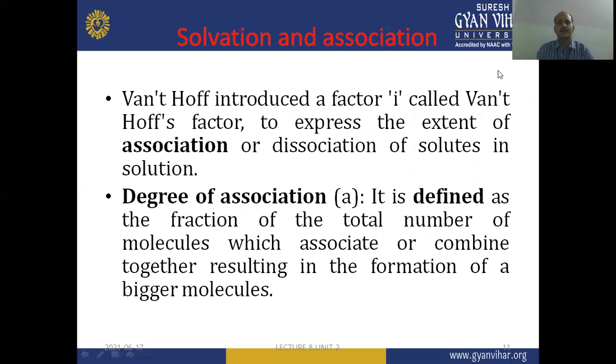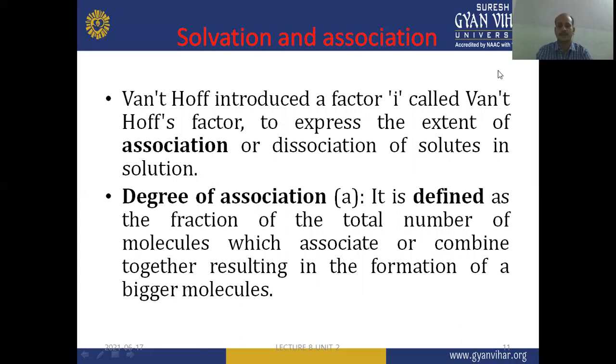Now, degree of association, which is known as α, is defined as the fraction of the total number of molecules which associate or combine together, resulting in the formation of bigger molecules.